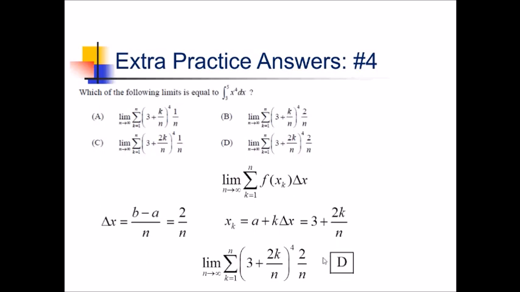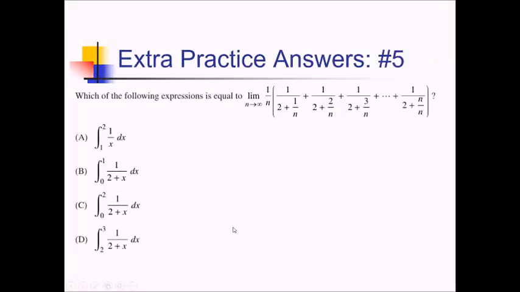So D it is. On this problem, we're given the limit as n approaches infinity of 1 over n times all of this craziness, and we're asked which of these definite integrals this is equivalent to. They didn't write the summation symbol, the sigma symbol, but this is basically the summation form of one of these definite integrals.